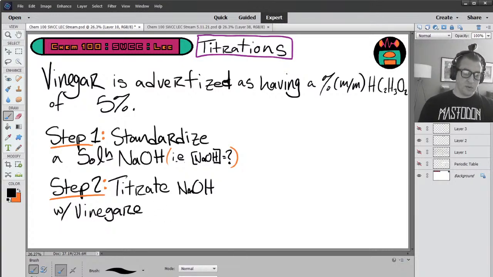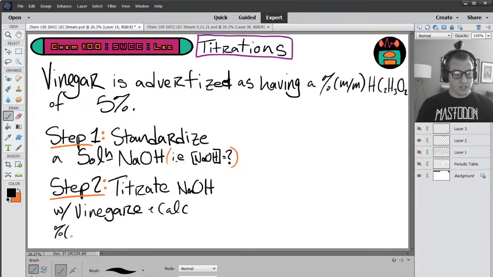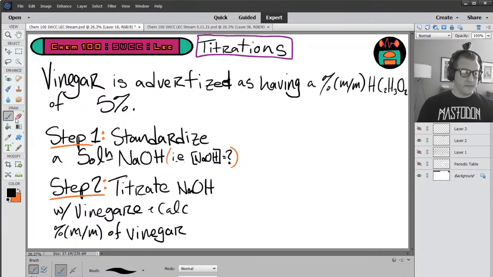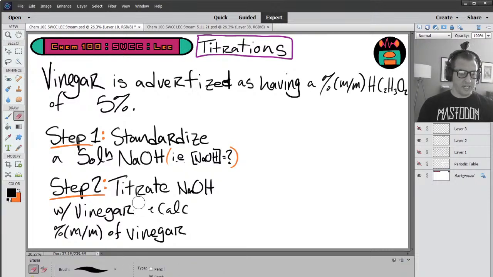And then step 2 or 3, it's kind of the same. I'm just gonna roll them all. Titrate sodium hydroxide with vinegar and calculate the percent concentration of vinegar. I don't know why I wrote it with an E here.